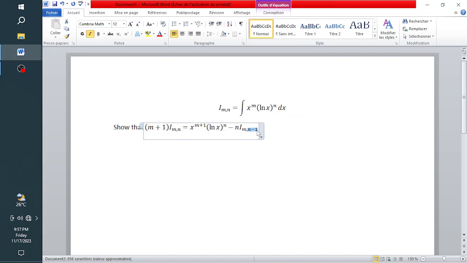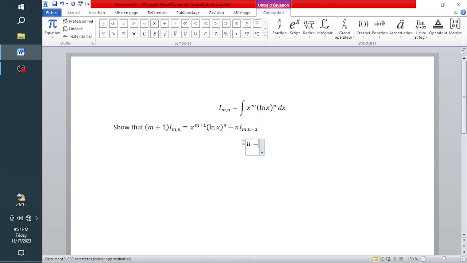It means that we have actually differentiated ln x to the power n, because it is only when you differentiate ln x to the n that you're going to get a power of n minus 1. So that guides us to letting what our u and what our dv to be.